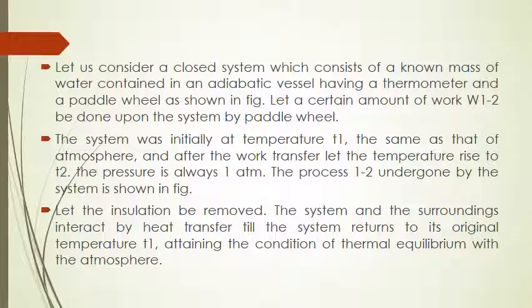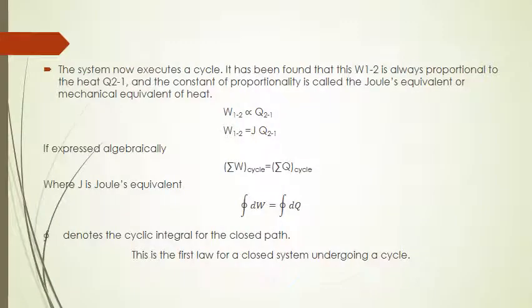You can refer to it. From the experiment, it has been found that the work W1-2 is always proportional to the heat Q2-1, and the constant of proportionality is called the Joule's equivalent or mechanical equivalent of heat.